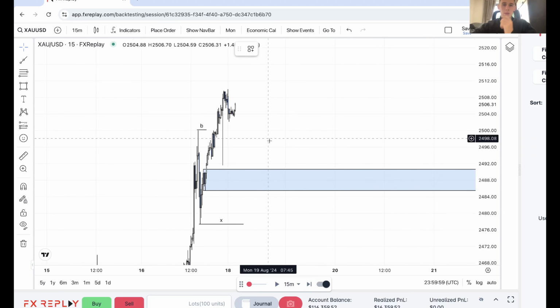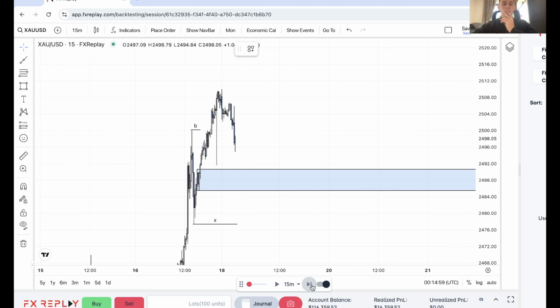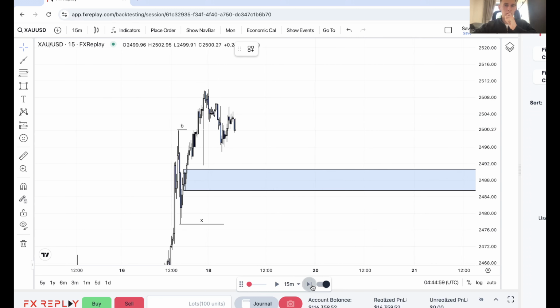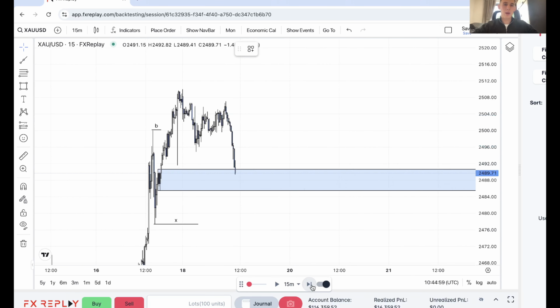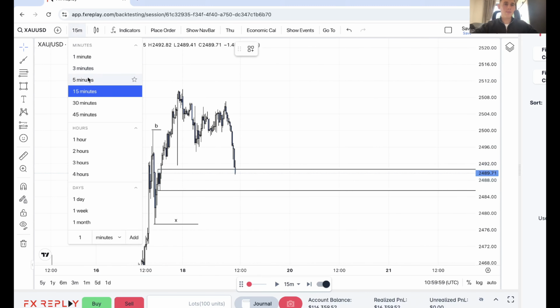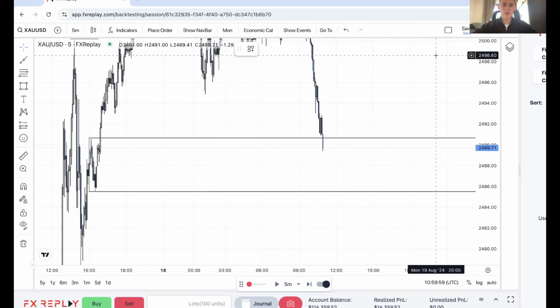Nice level of inducement above it now as well. Price is also pulling back quite correctively. So let's have a look on the 5 minute for a potential entry.